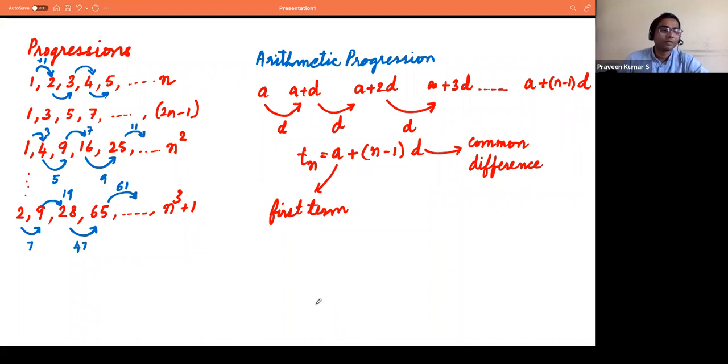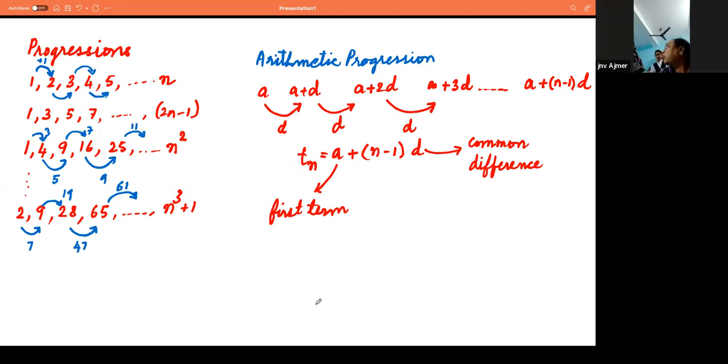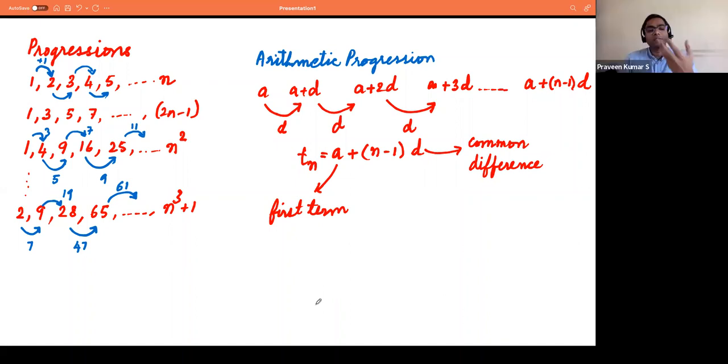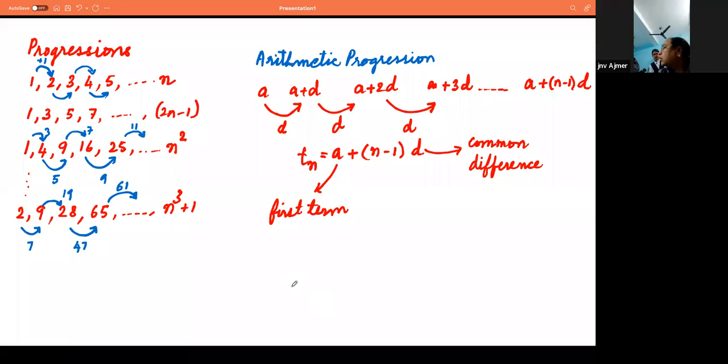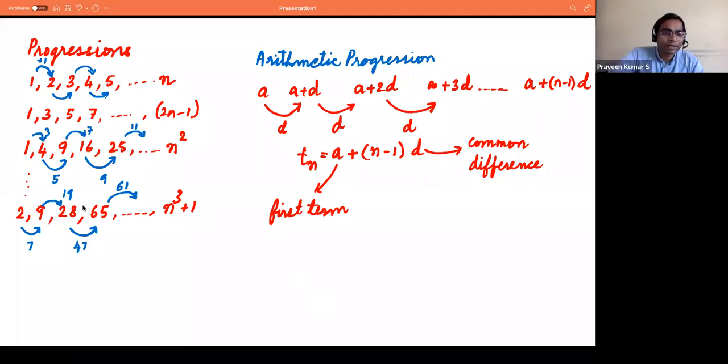Okay. Now, there are a lot of properties which arise out of these arithmetic progressions. Let me give you one simple example. Let's say you are given a scenario where you have to add the numbers 1, 2, 3, 4, and 5.